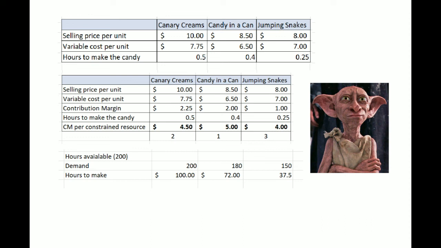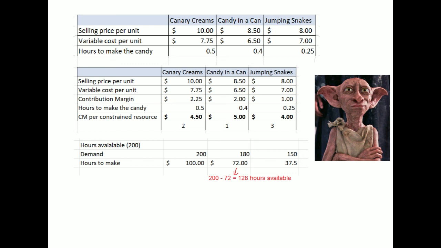If we're going to concentrate first on the first one, that is candy in a can, it's only 72 hours versus 200. So if we take 200 minus 72, we still have 128 hours available.